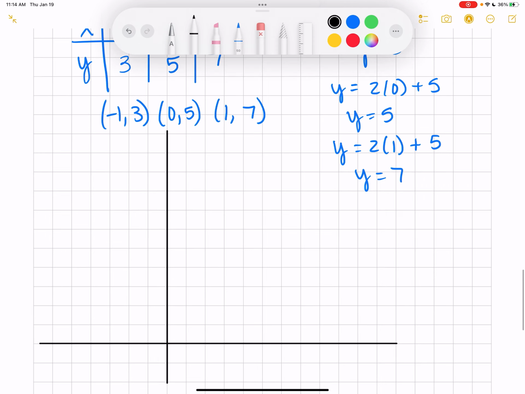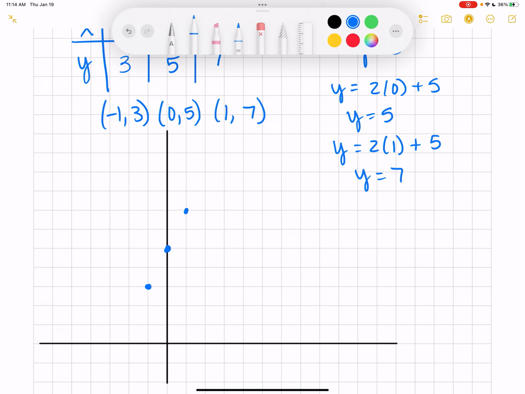So I just graph them in order. So -1, 3. So back 1, up 3. 0, 5. So I stay on the y-axis and go up to 5. And then I have the point 1, 7. So I go right 1, up 7.